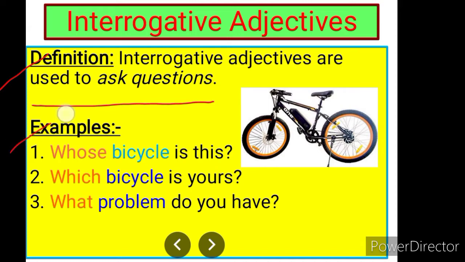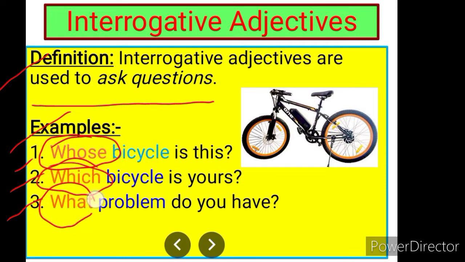Let us see the examples. The first sentence is: whose bicycle is this? The second sentence is: which bicycle is yours? And the third sentence is: what problem do you have? In these three sentences, my dear, you understand the words whose, which and what are used to ask questions.